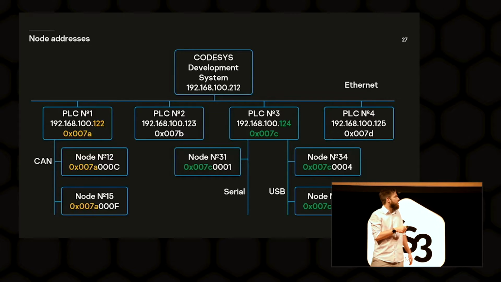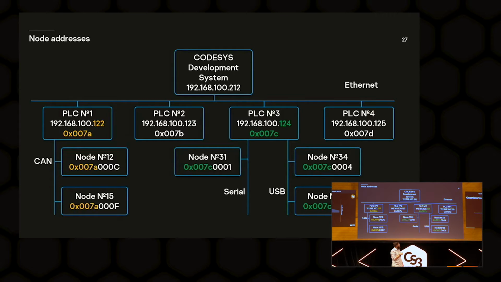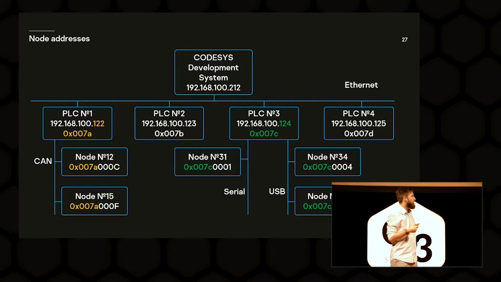Each higher node is associated with lower level nodes, and these lower level nodes contain the address of their parent. This is how one node can reach other nodes, even if these nodes work with a different physical interface.